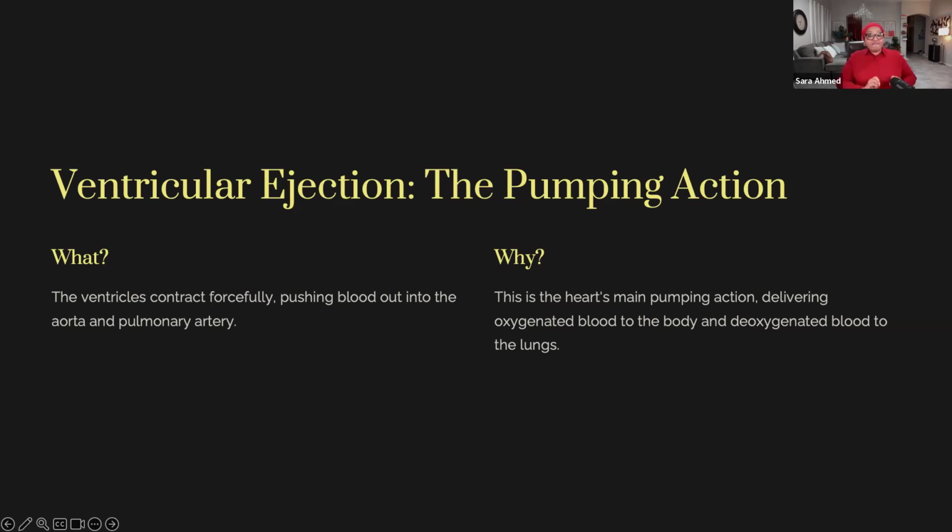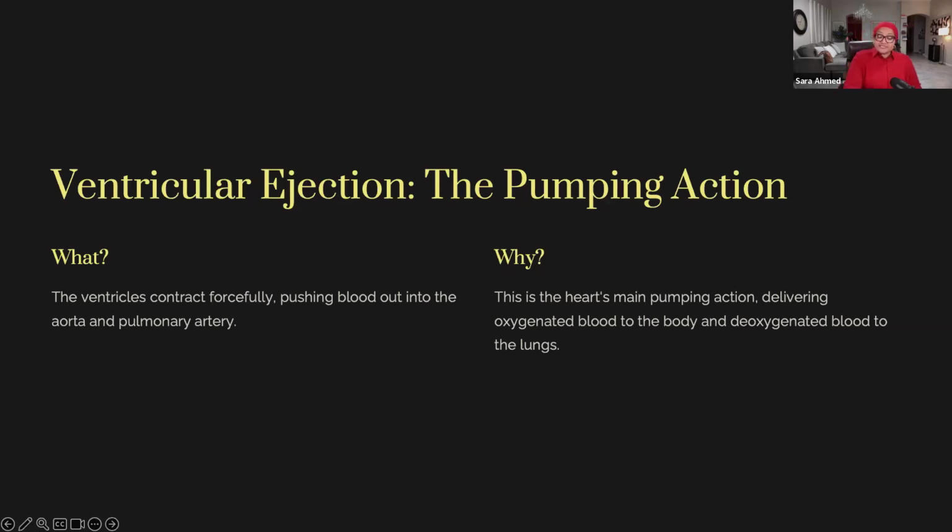Now we have flow out of the ventricle. This is the result of building enough pressure in the ventricles necessary to overcome the pressure in the aorta and the pulmonic arteries, leading to the opening of the valves.